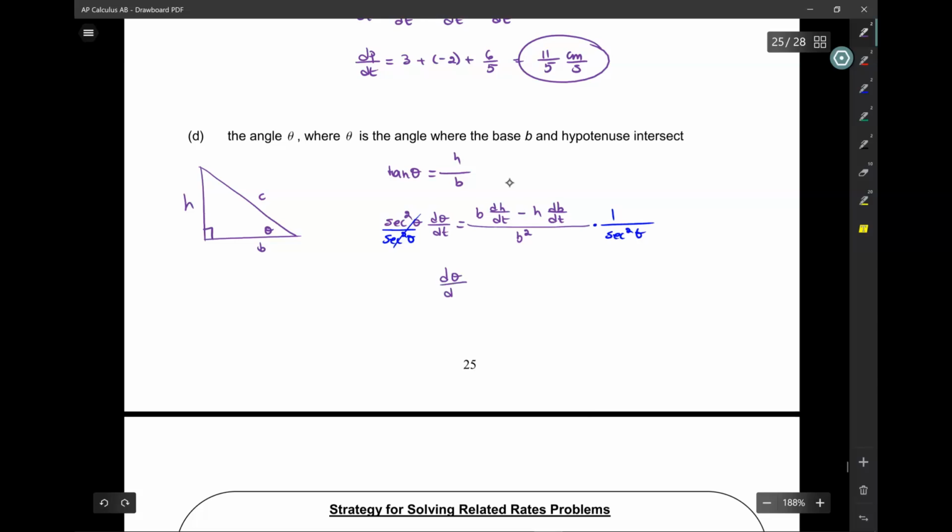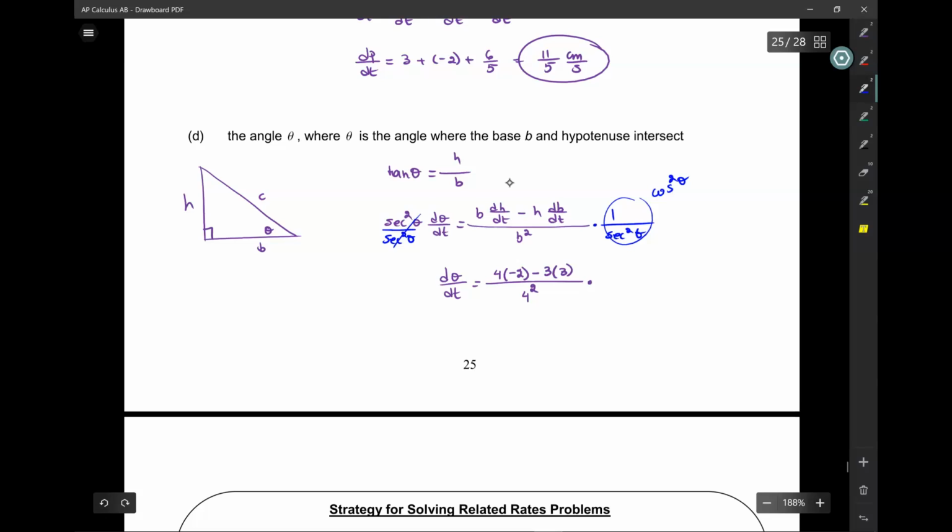So d theta/dt is equal to what? Now, what is 1 over secant squared? That's just cosine squared. So what is b? It's still 4, times dh/dt is negative 2, minus 3 times 3, over 4 squared, times cosine squared theta.